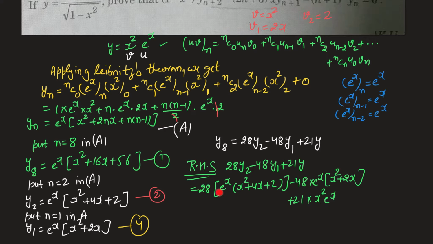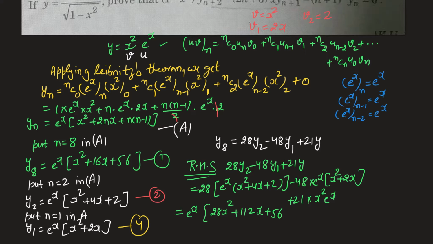e raised to the power x will go outside, it will be common. This 28 will multiply inside, and it will become 28 x square plus 112x plus 56.